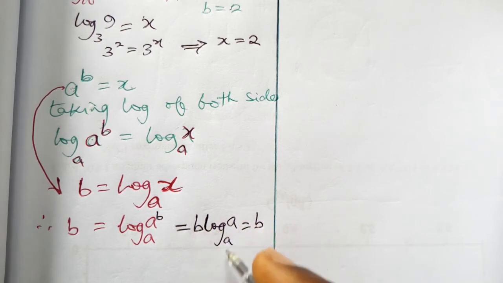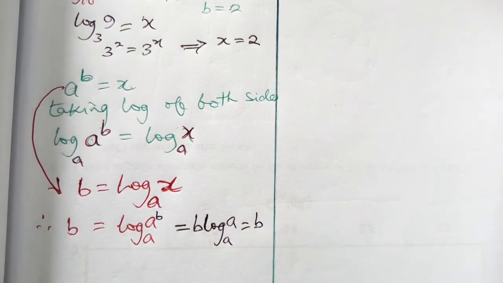We find that log a base a is equal to 1, so that it is equal to b, like we started, b is equal to b.